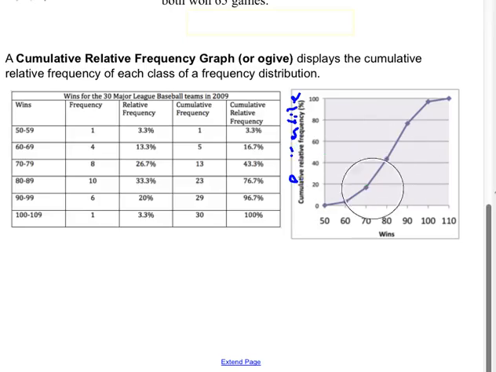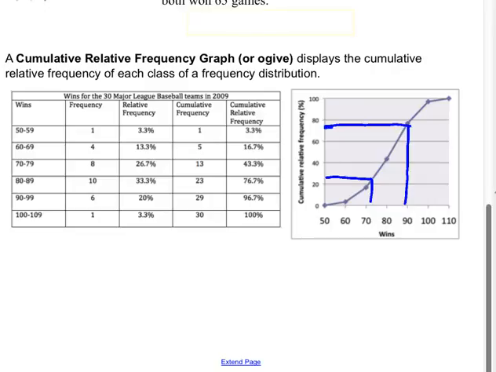So let's clean this up a little bit. The 25th percentile is probably going to be somewhere about here, maybe 72, 73, and then the 75th percentile, like 89.